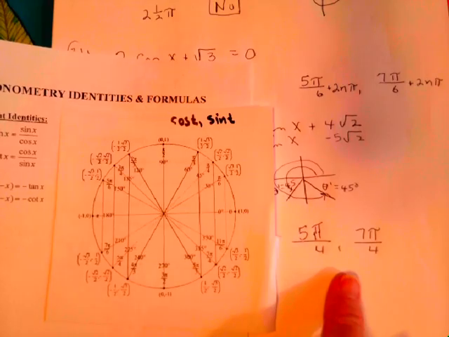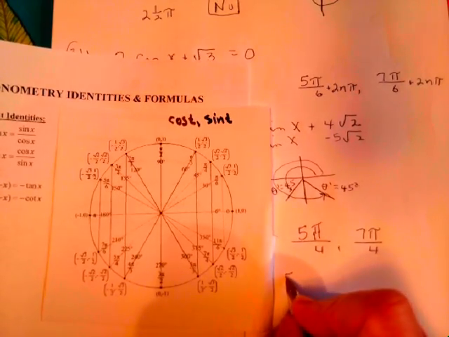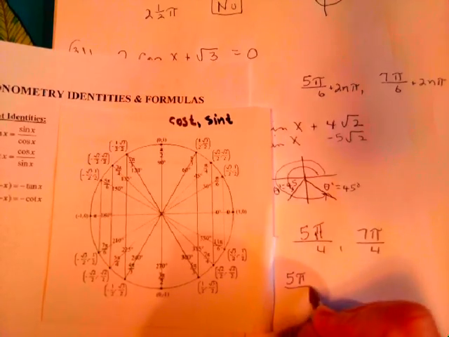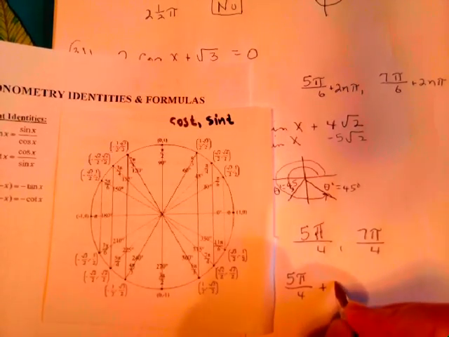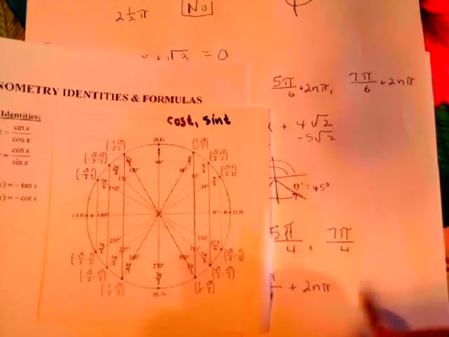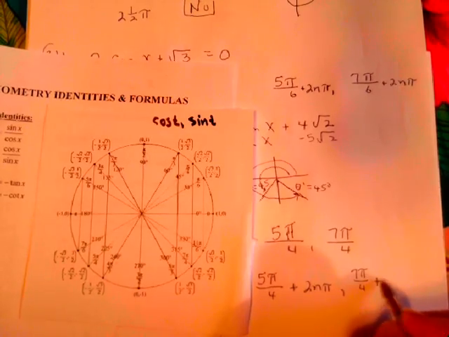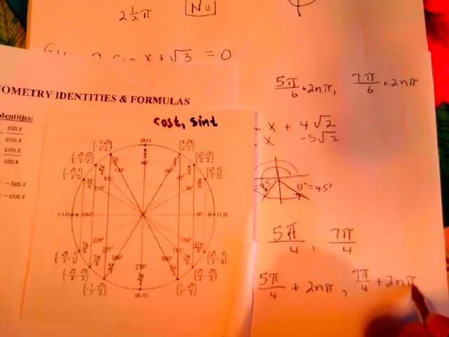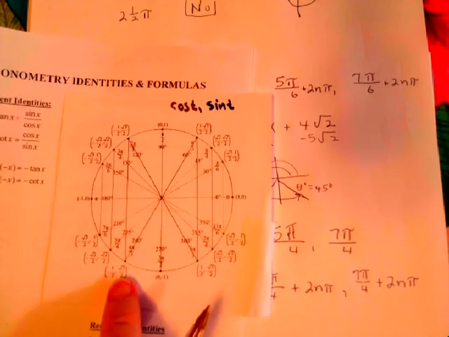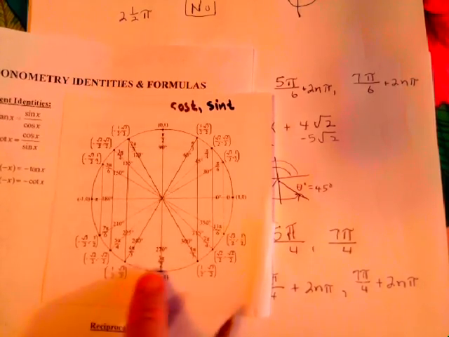Both of these answers will have that plus 2n pi. So 5 pi over 4 plus 2n pi. And the same thing with 7 pi over 4 plus 2n pi. We found these answers by just strictly looking at the unit circle and finding where sine is negative square root of 2 over 2.